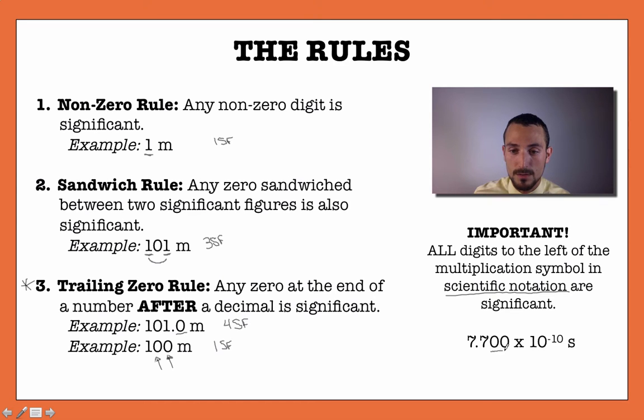These zeros, if we just wrote it as a whole number, 7,700, and we didn't worry about this part, they wouldn't be significant. But because it's in scientific notation, everything to the left of the multiplication symbol is significant. It is measured. So let's say that we wanted to get rid of some significant figures and we actually didn't measure to these places. When we'd write our number in scientific notation, we would simply omit them.